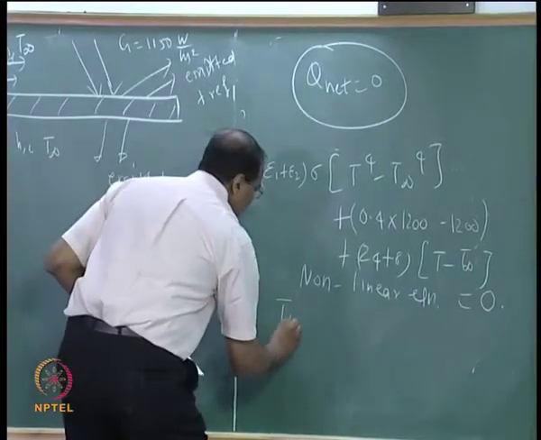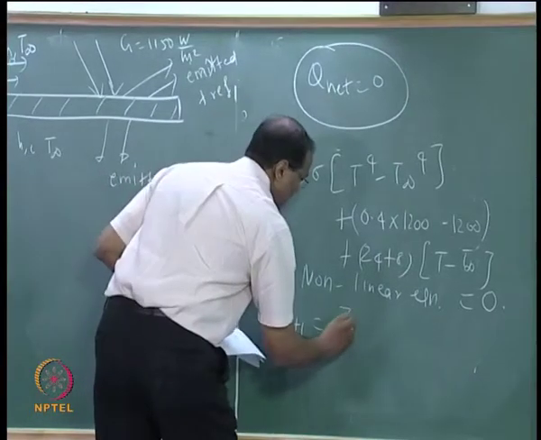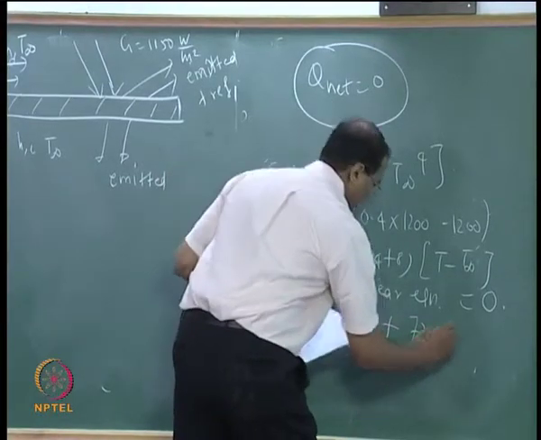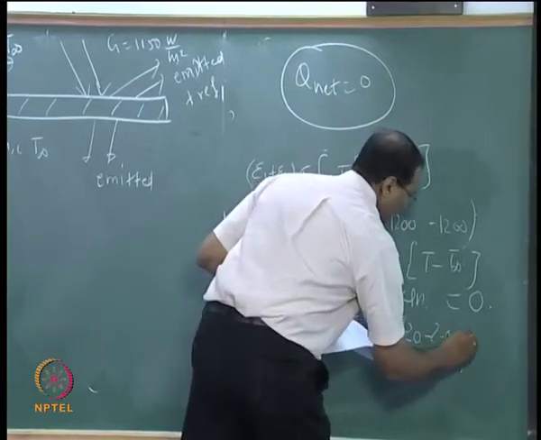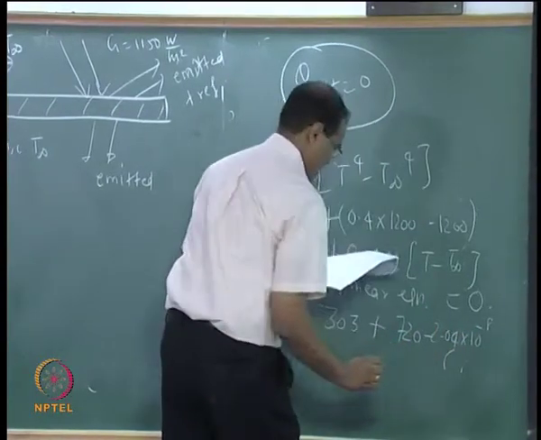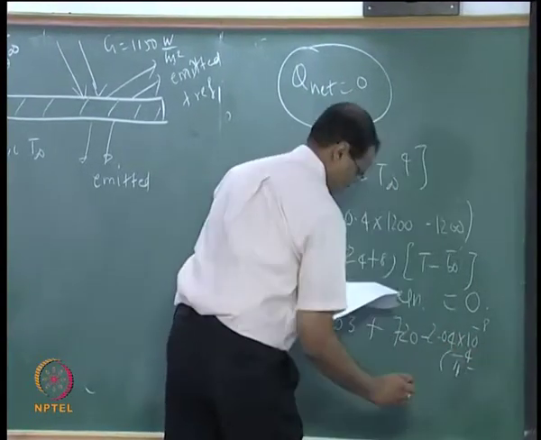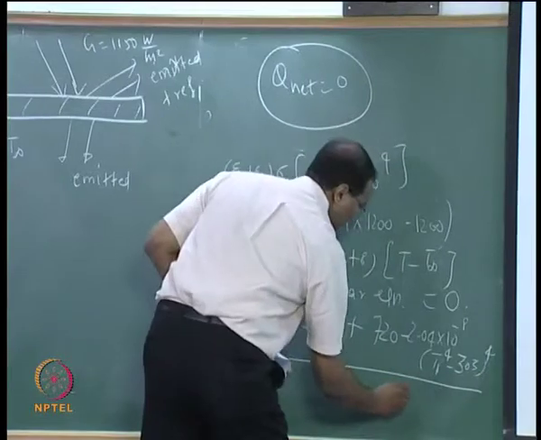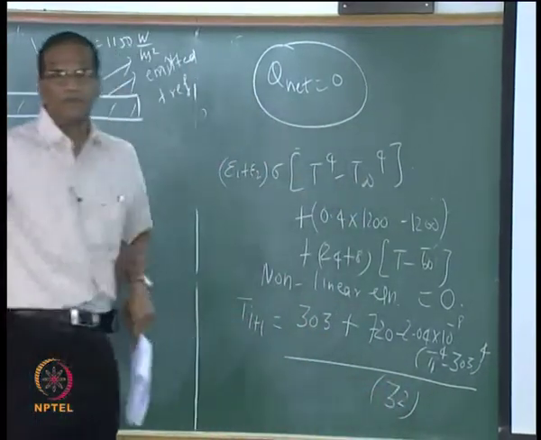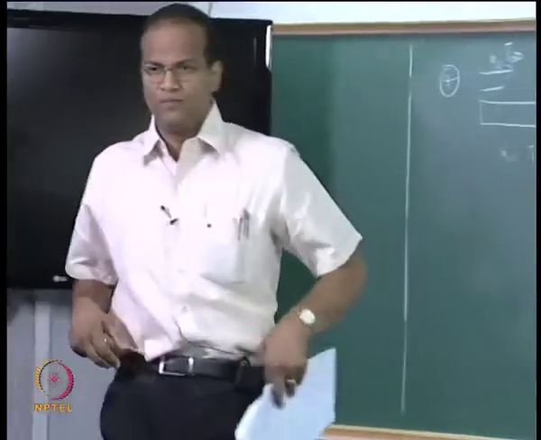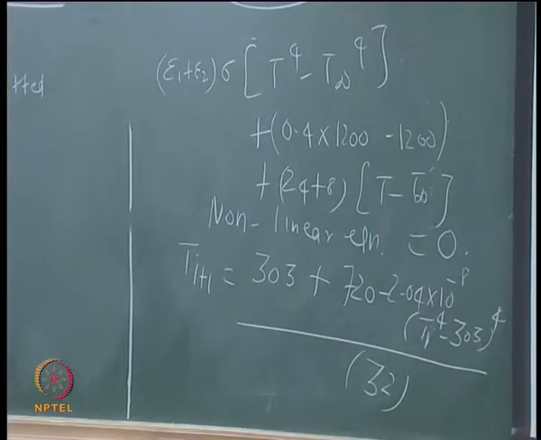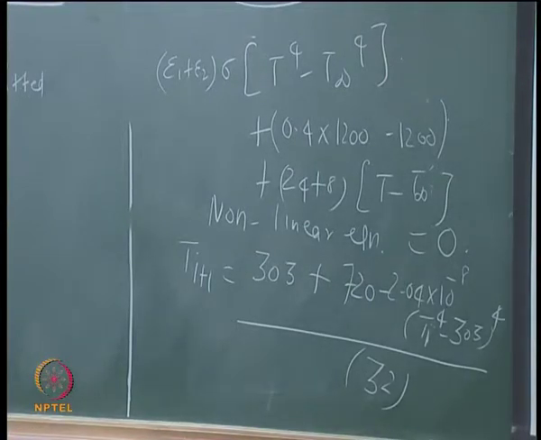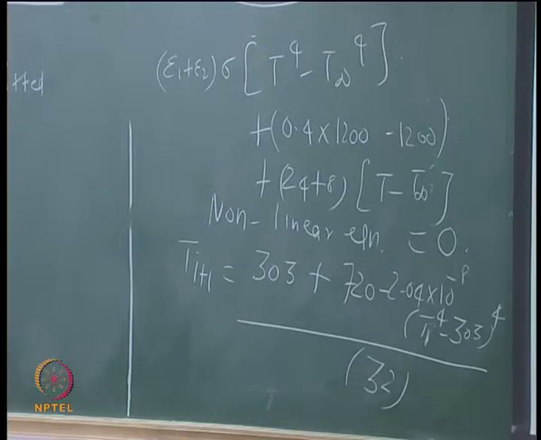So T i plus 1 equals ... Let us start with Ti equal to 310, so that will drive the right side, so you will have 303 plus 720 minus whatever.